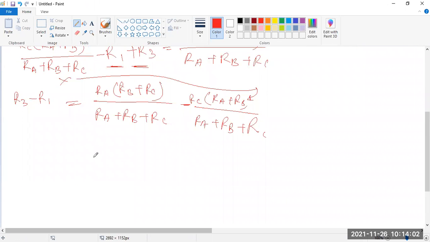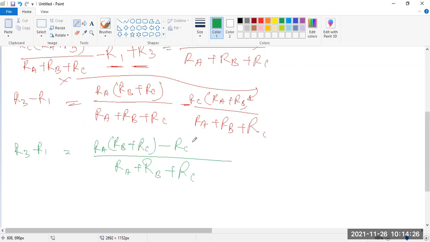Now what happens? Look, these are equal. So R3 minus R1 equal to, you can take common, denominator is common, that is RA, RB, RC, and here is RA, RB plus RC minus RC, RA and RB. So R3 minus R1 equal to this. You can break it.